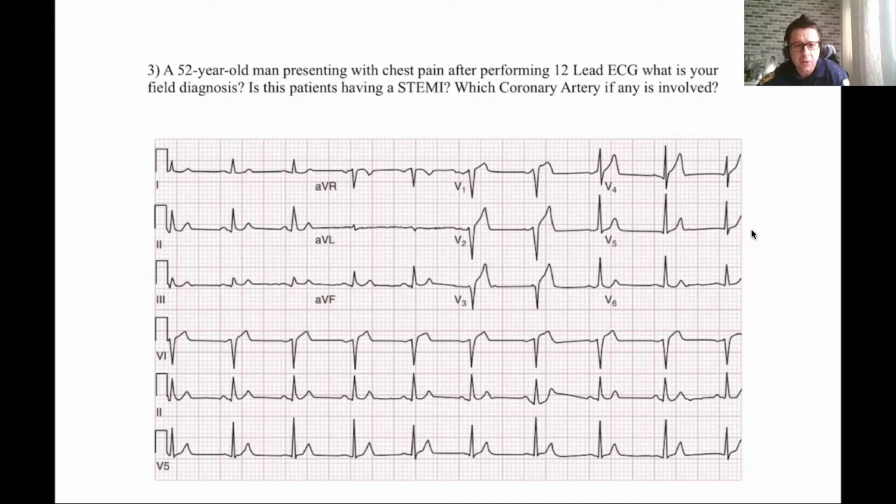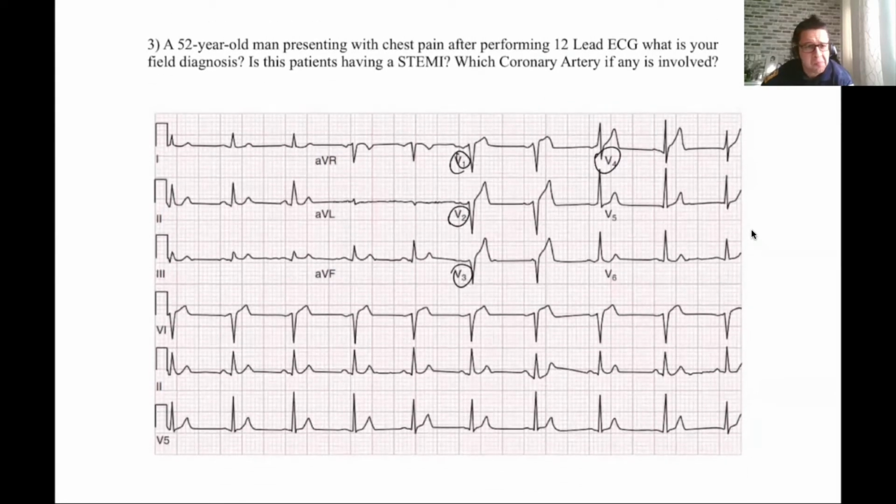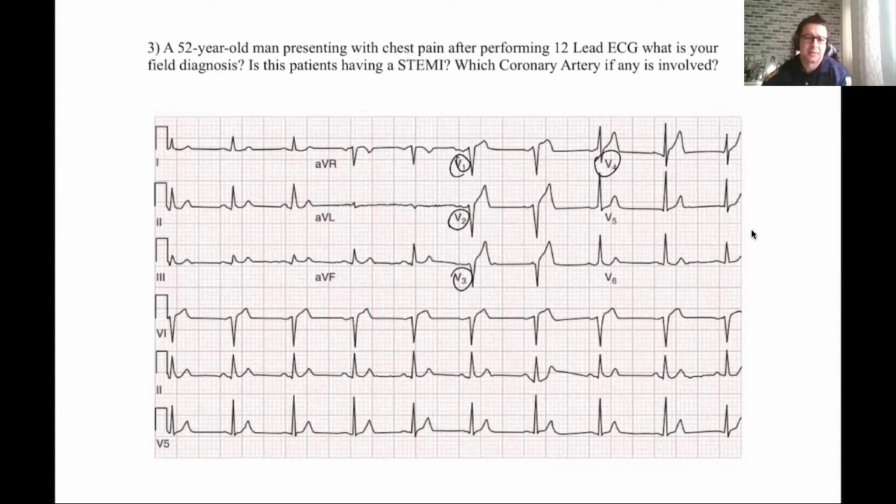There is definitely elevation in V1, 2, 3, 4. So that's the anterior wall.